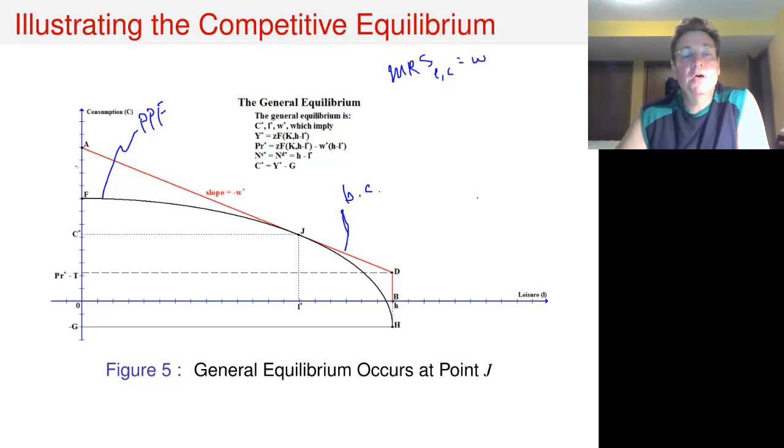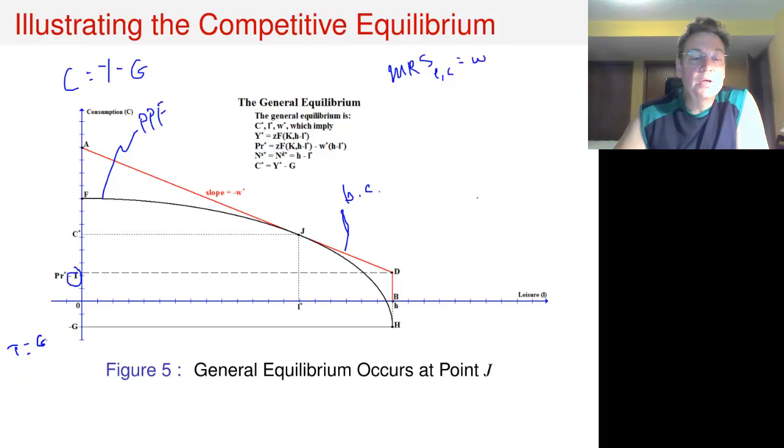And remember that what we've done is we have imposed goods market clearing, which says that C equals Y minus G. So you can see that by putting consumption on this vertical axis, we've just subtracted off G, government spending, and shifted the PPF down compared to what, say, appeared in some earlier graphs.